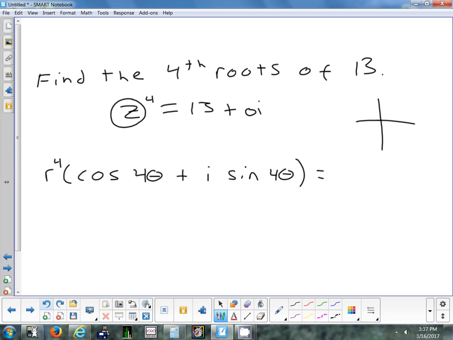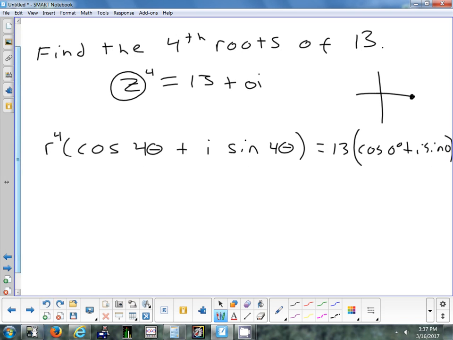Right 13. What's the distance from that point to the origin? 13. You don't need the Pythagorean theorem because all you did was move straight in one direction. And your angle, if you go to the right, is 0. You don't need inverse tangent of y over x. So cosine 0 plus i sine 0.